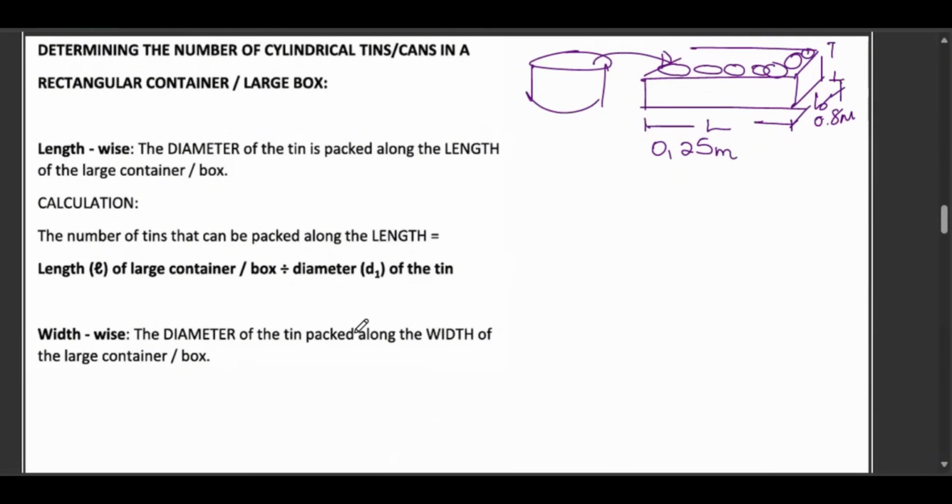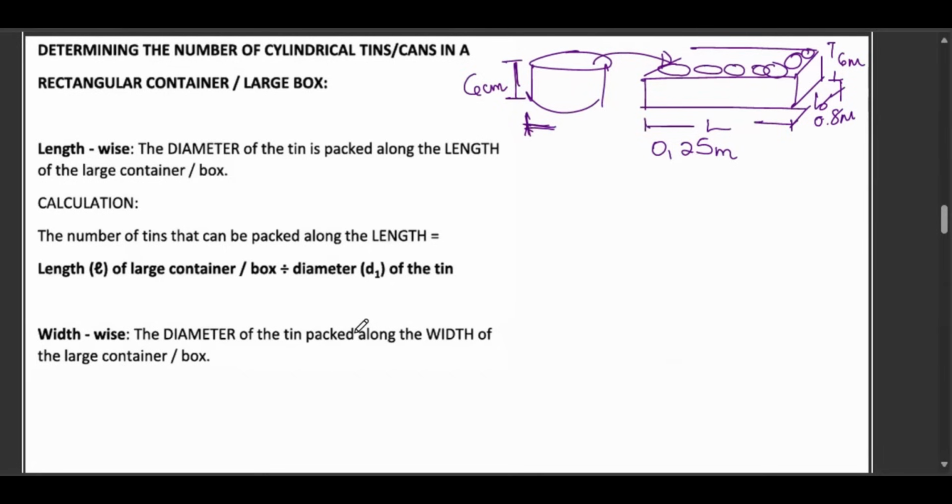Let's say the height is 6 meters. Then the can is, let's say, 6 centimeters, and it has a diameter.